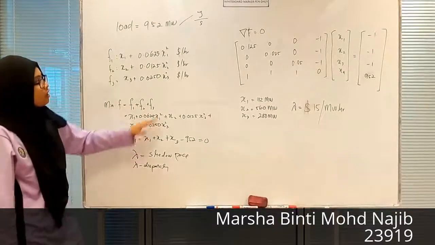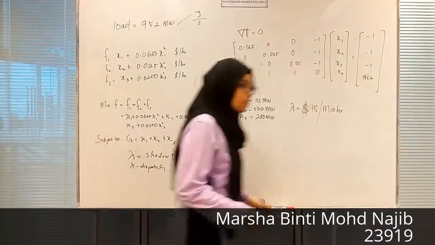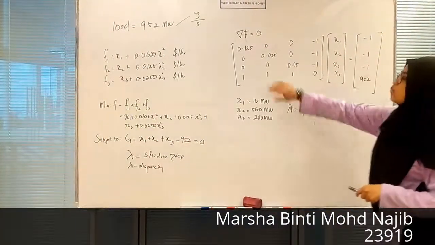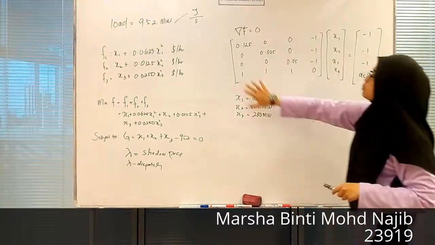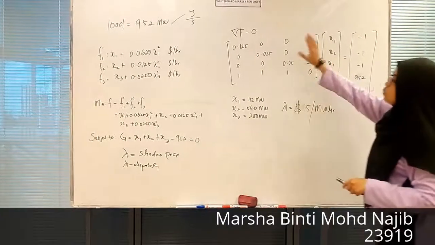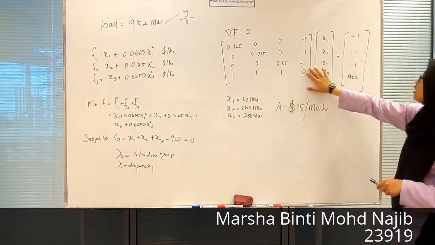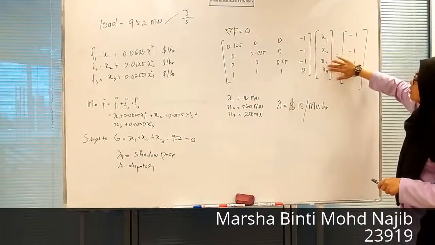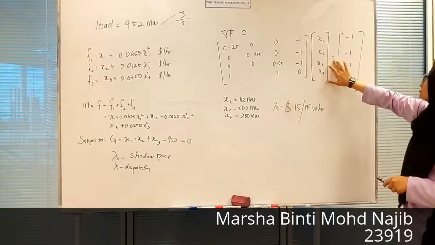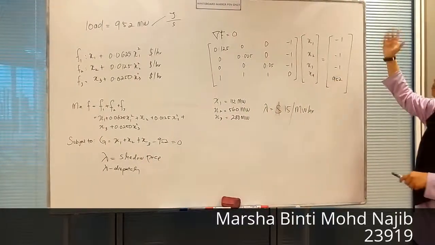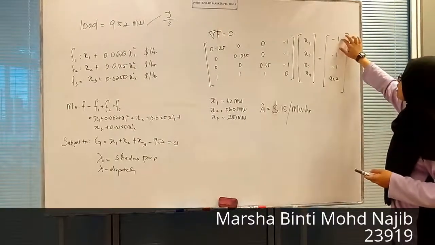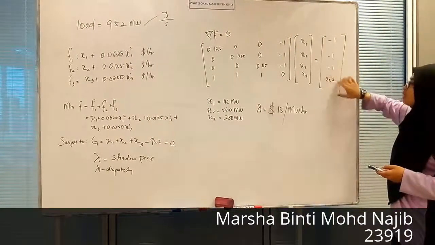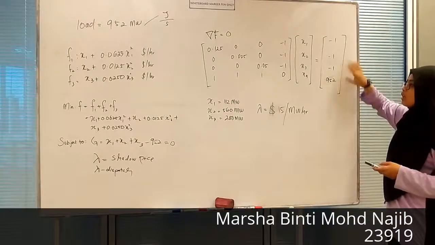By applying the Lagrange multiplier, we can see that the gradient of f is equal to lambda times the gradient of the constraint. So we just plug in all the values for x1, x2, x3, and lambda, and you will have -1, -1, -1, and end up with 952.